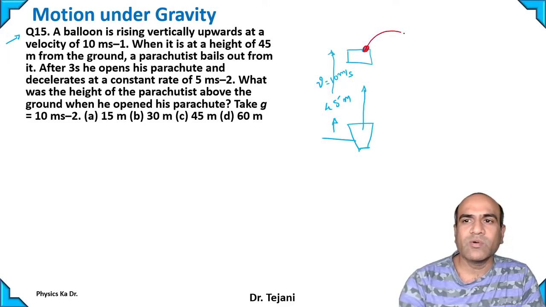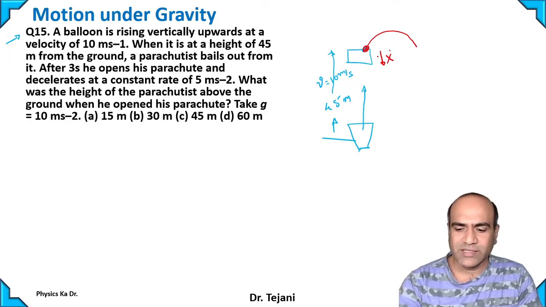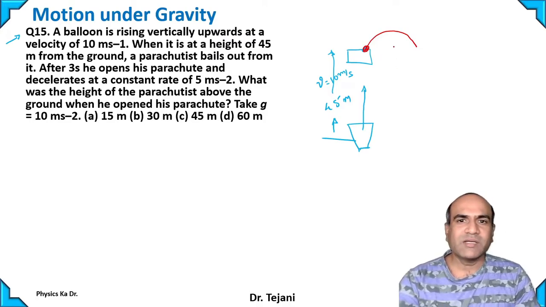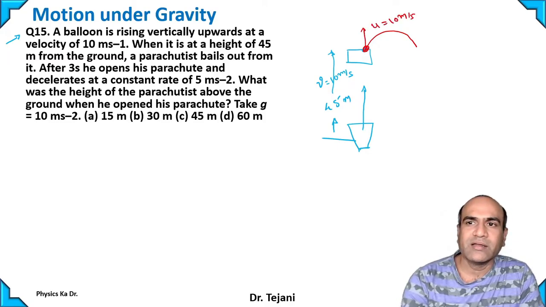So when he moves, his travel is not like that. You are wrong if it is considered that way. His travel is going to be in this manner. The person moves like this because the initial velocity of that person has to be 10 meter per second.